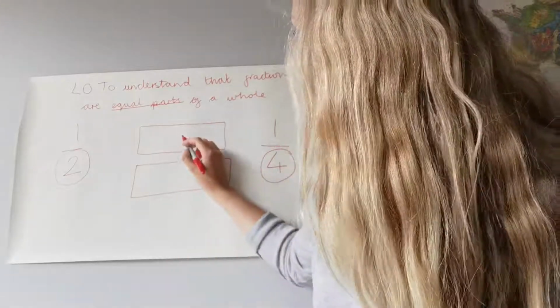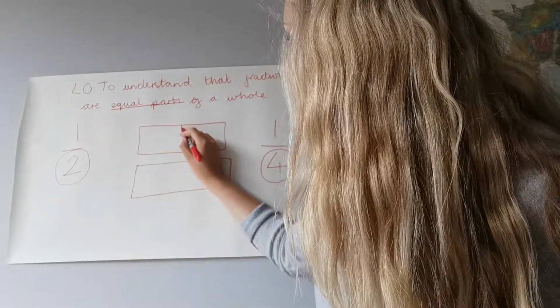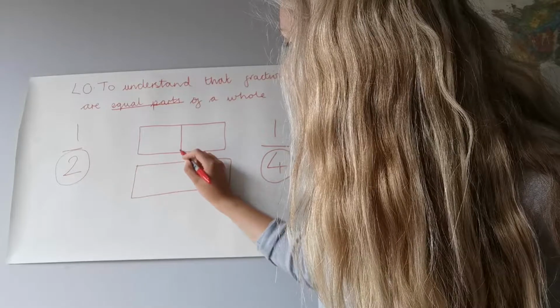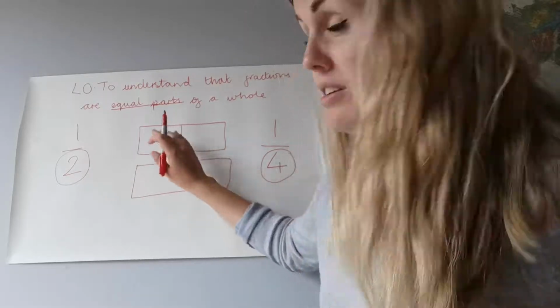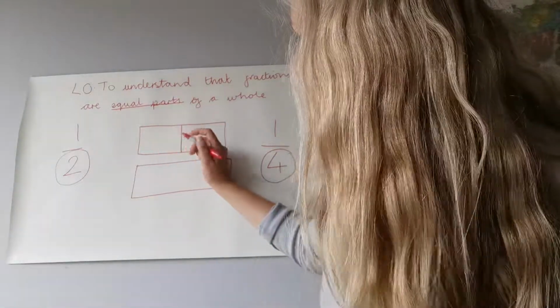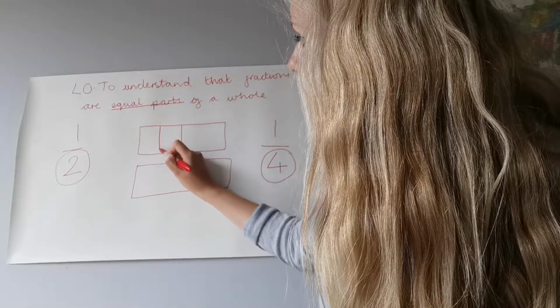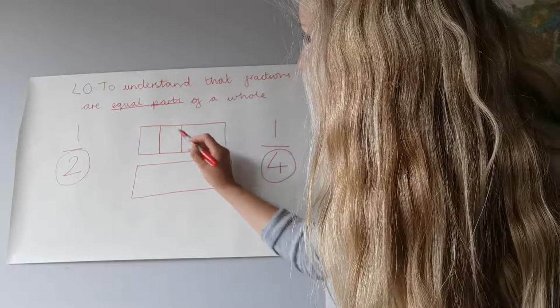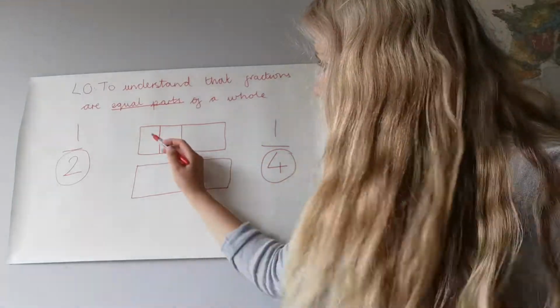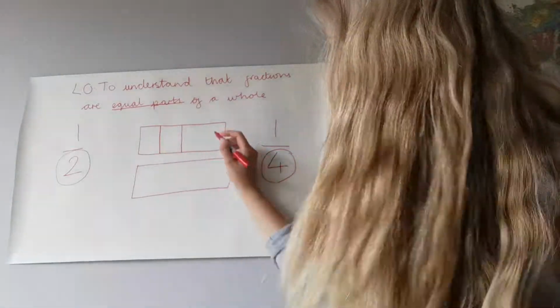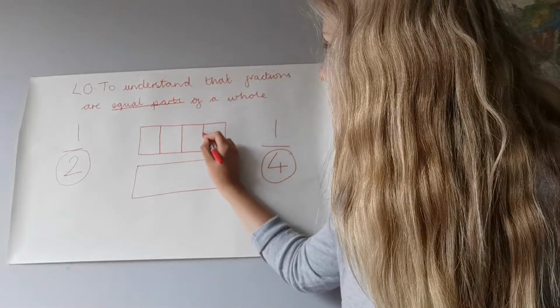I'll show you what I mean. So here is my half, there, okay. Then, because I need to split it into 4 equal parts, I'm going to use this line to help me. And I go, that's going to be one of my parts here. Is that equal now? I've got 1, 2, 3. It's not quite equal, is it? So I need to now draw this one here.